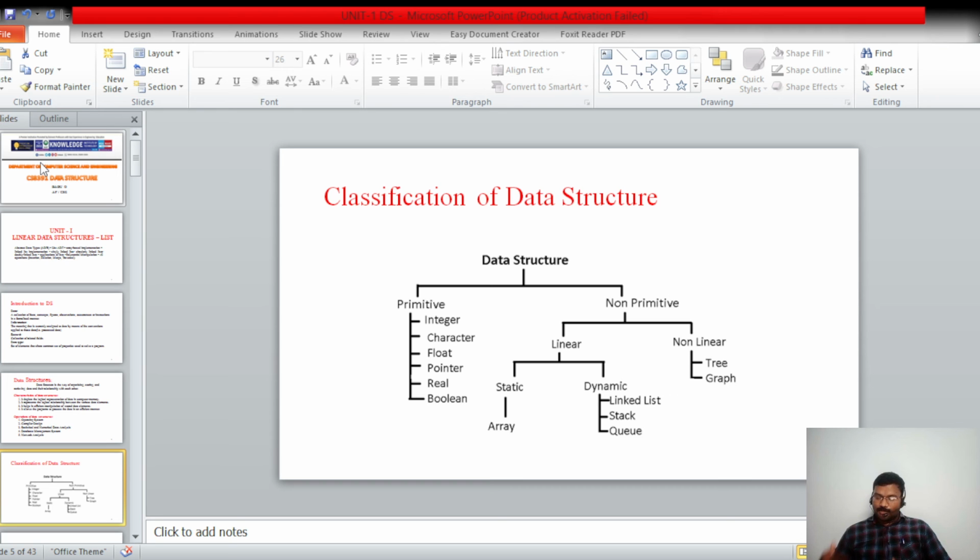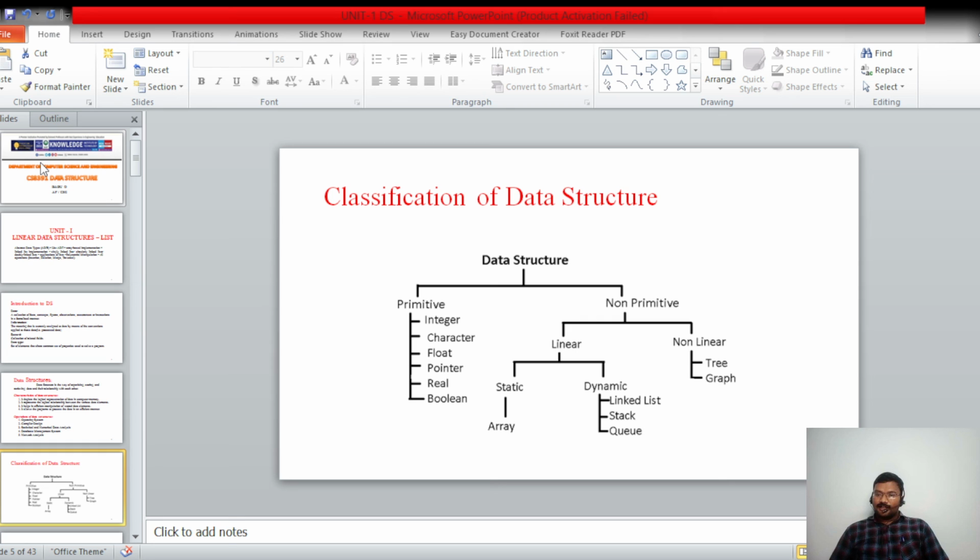The linear data structure is further classified into static linear data structure and dynamic linear data structure. In the static linear data structure, the memory size is predefined.